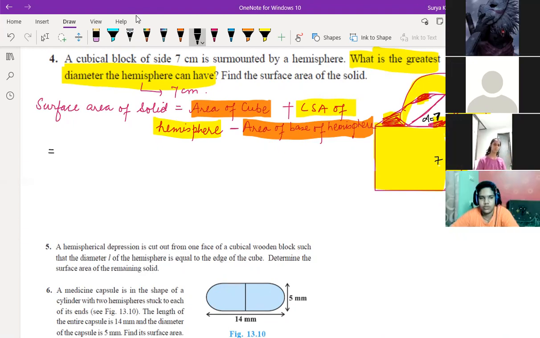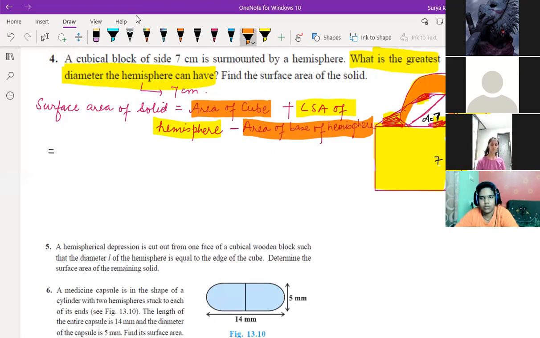So we are finding the area of the complete cube, and we are not considering this circle part of the hemisphere, that is the area of the base of the hemisphere. So we have considered this orange part: area of cube minus area of the base. Then apart from it, we are adding this hemispherical part. Now is it clear, Drishi?